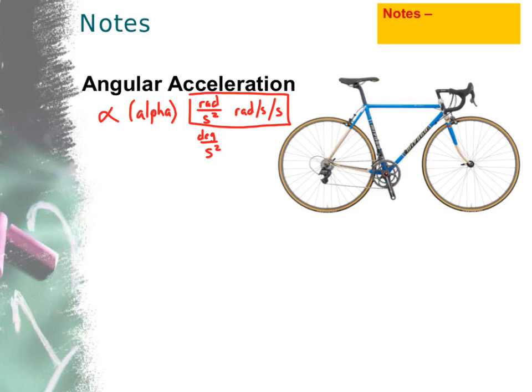So just like you would say that acceleration along the line is equal to the change in velocity over the change in time, you can also say that alpha is equal to the change in angular speed over the change in time.